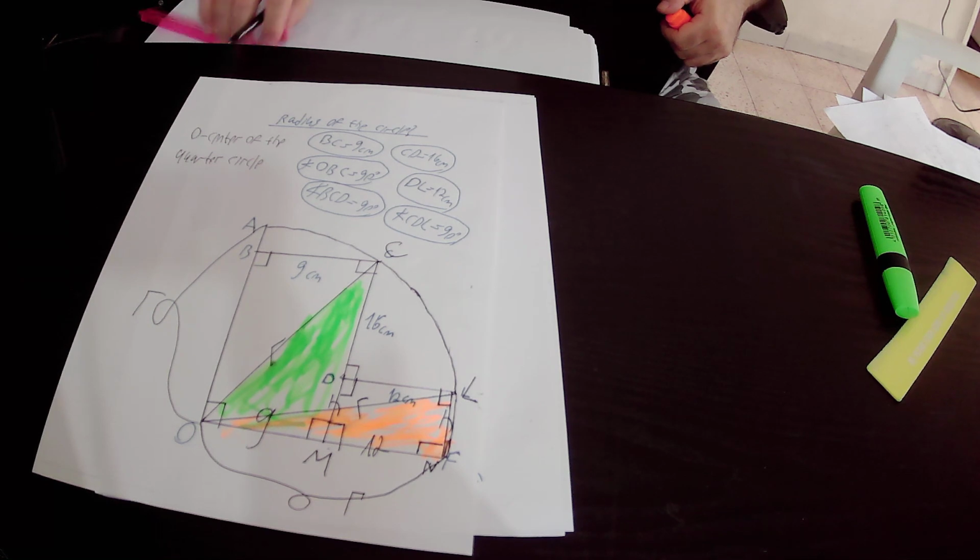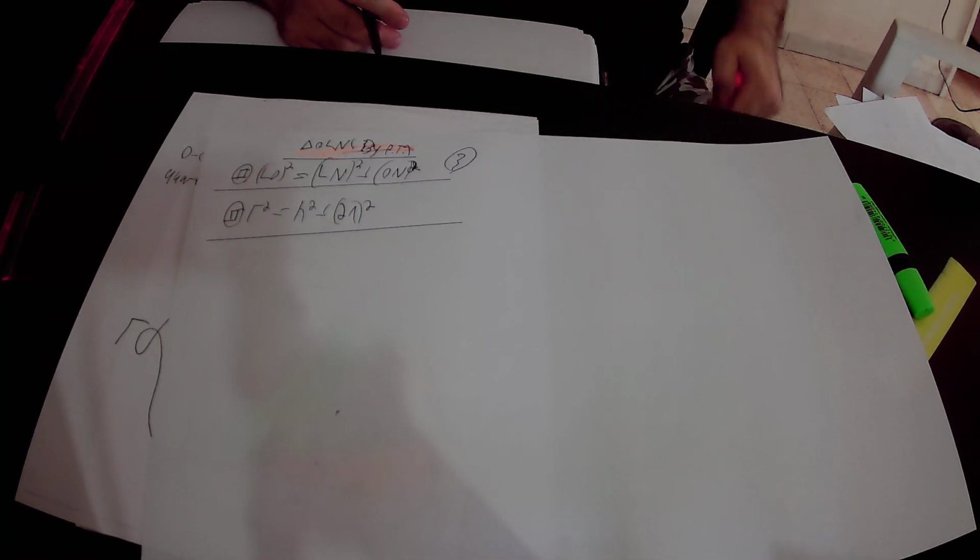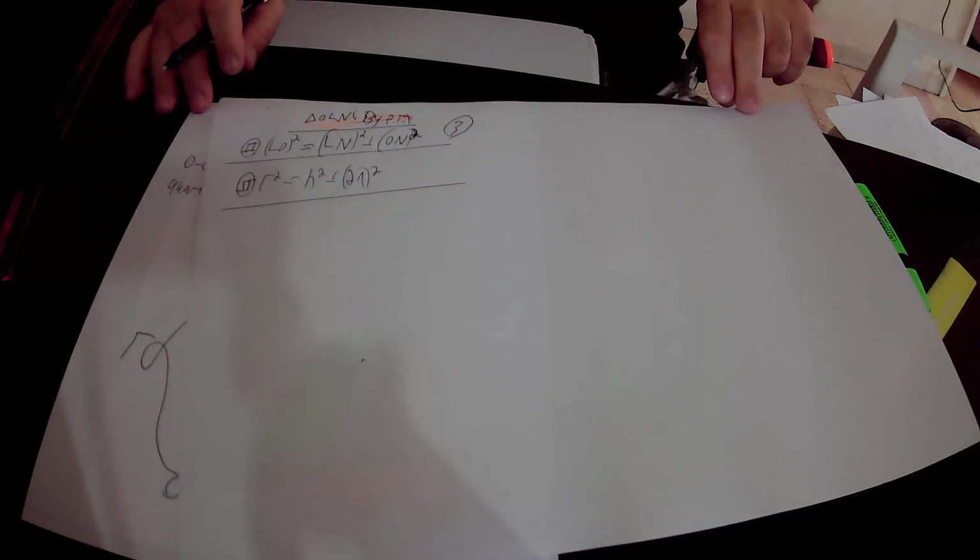So in conclusion, we found out that according to equation number 2, R squared equals H squared plus 21 squared. 21 squared is 441, so I write it down.